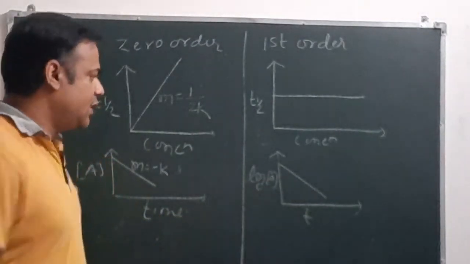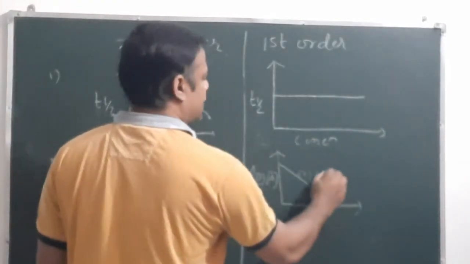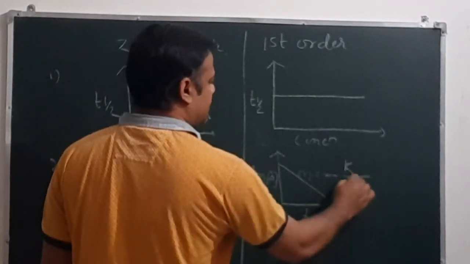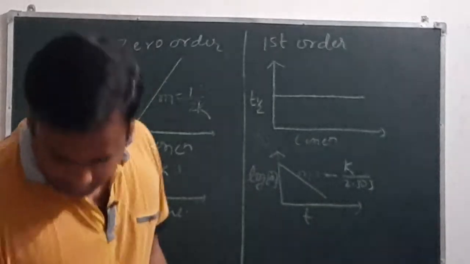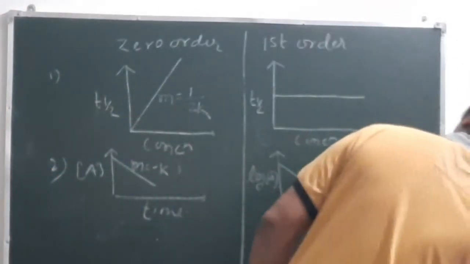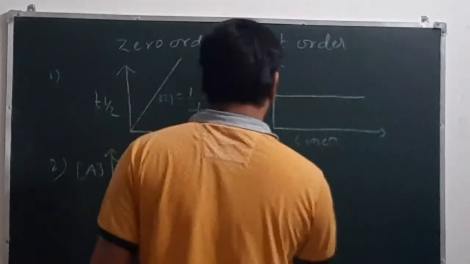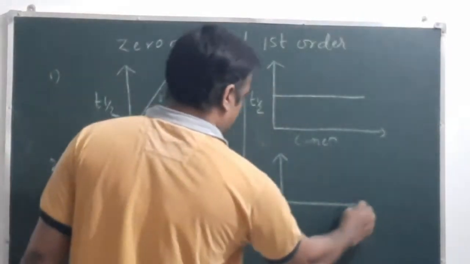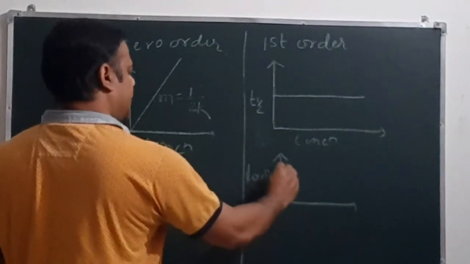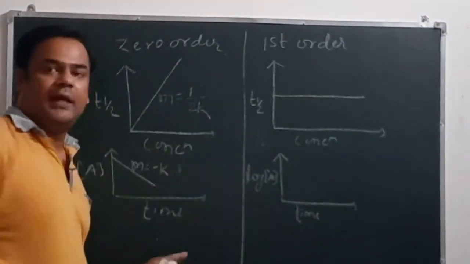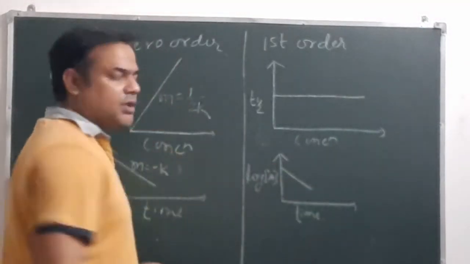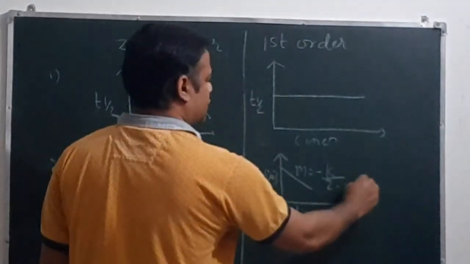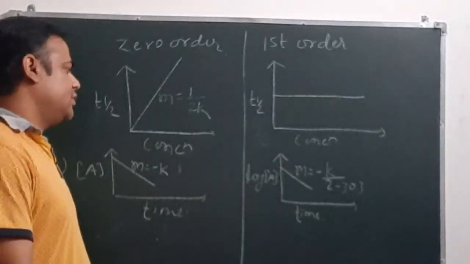This line will have slope m equals minus K by 2.303.